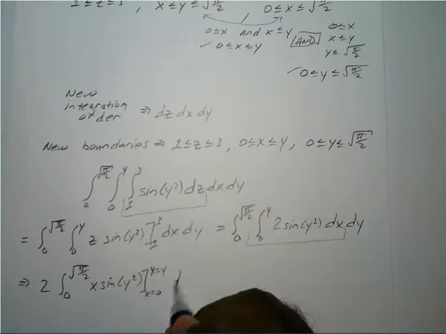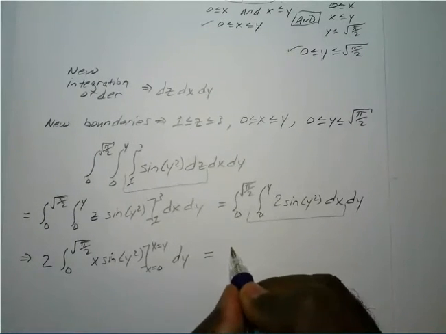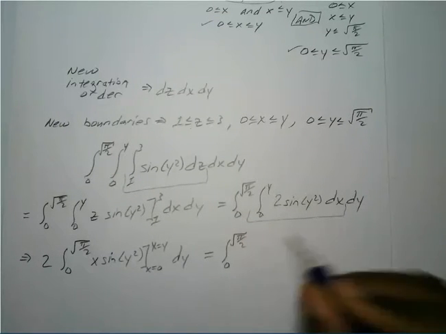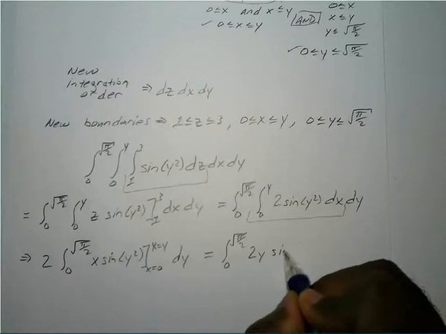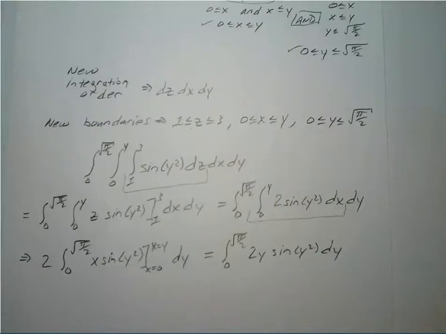And still have our dy. Okay. So if we plug in y, we get y sine y squared minus 0 times that. So that's just going to end up being the integral from 0 to square root of pi over 2 of 2y sine y squared dy.